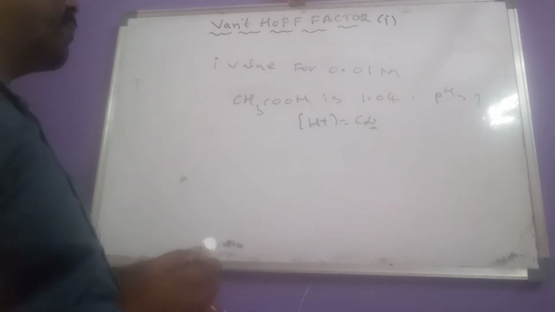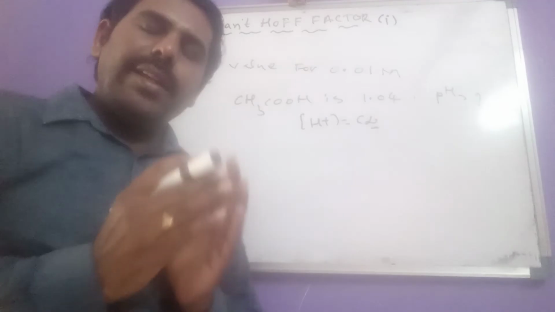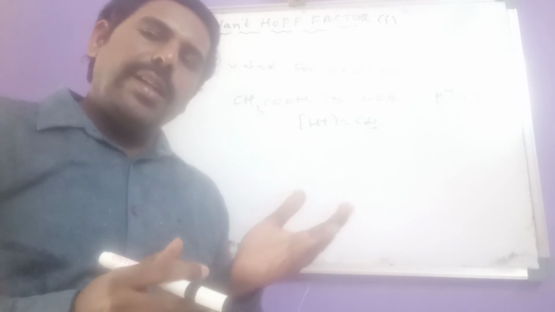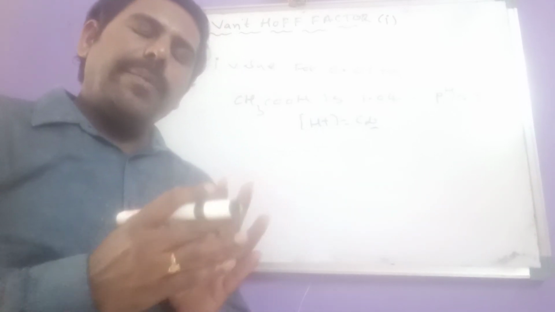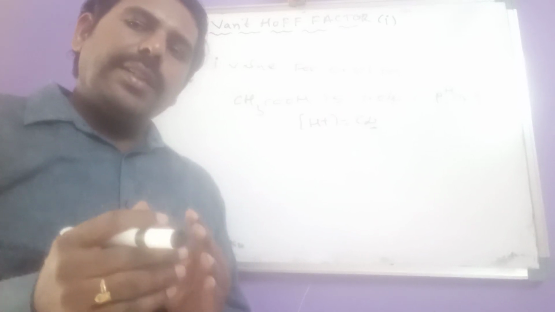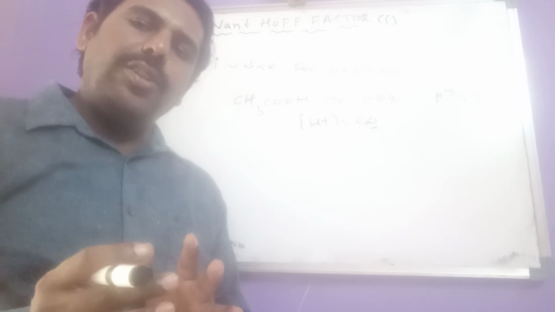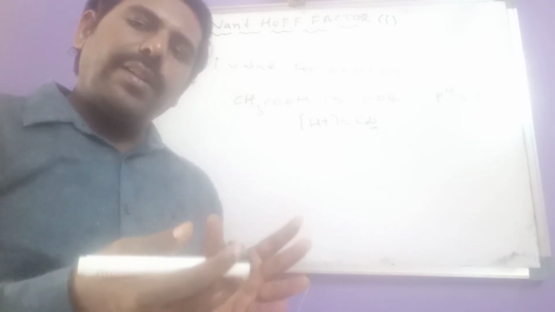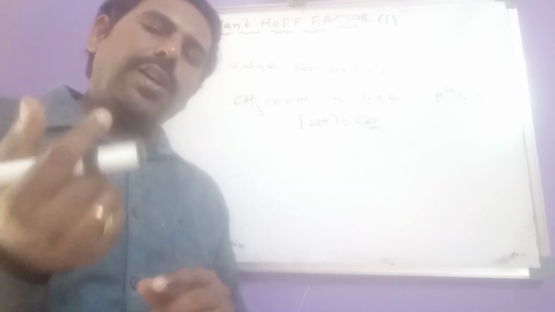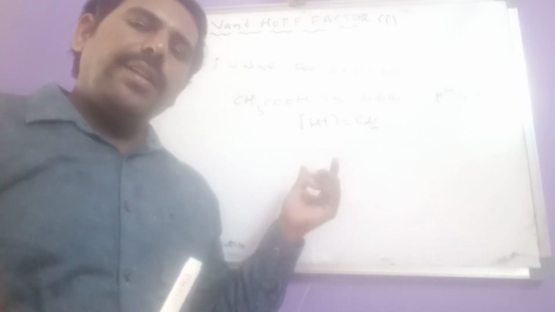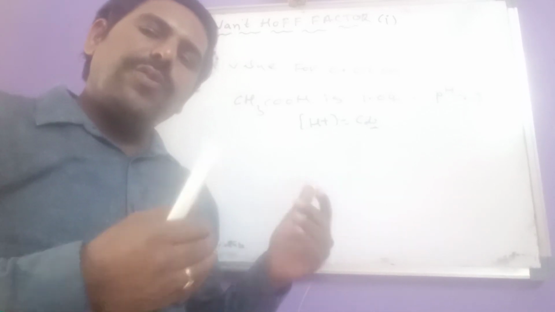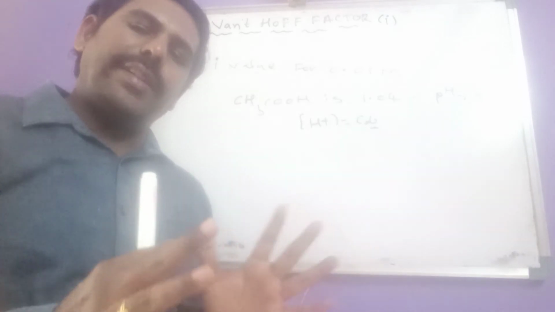Okay, now by using this i value, we need to determine the alpha value. But one important point here: generally acetic acid undergoes dimerization in benzene. That means a doubt arises whether we have to consider the equation for i value which is used for dissociation or the one useful for association. A small doubt is there. But here we have to use the equation which is useful for dissociation of acid.